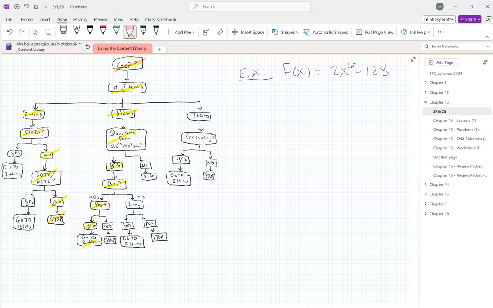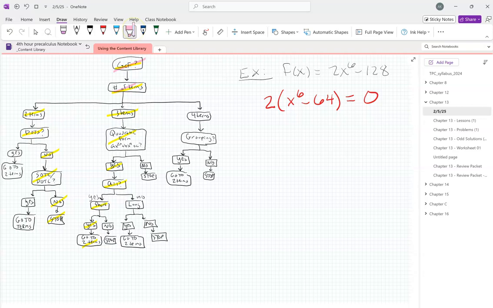Again, first thing we're going to do is look for a greatest common factor. Did you guys see anything in common between 2x to the 6th and 128? 2, right? So I can factor that 2 off. And at the same time, I'm going to set this equal to 0. I'm just going to combine those first two steps.